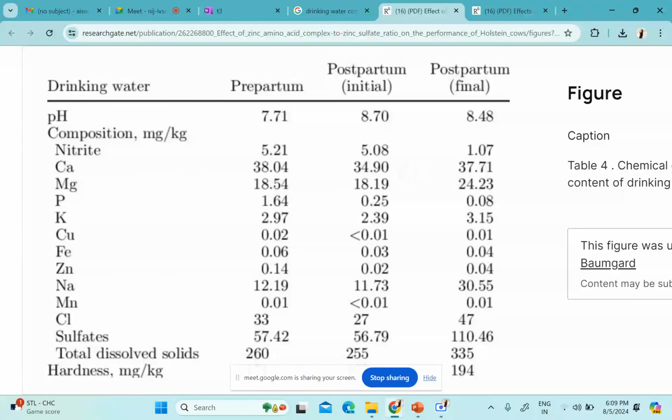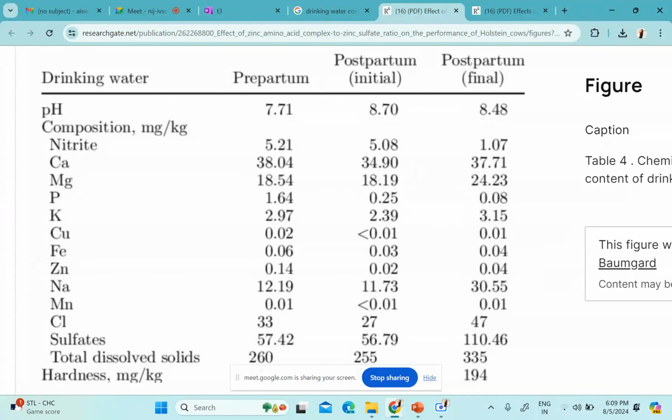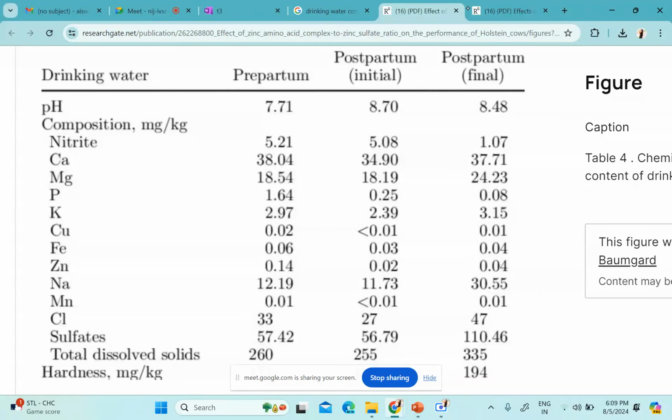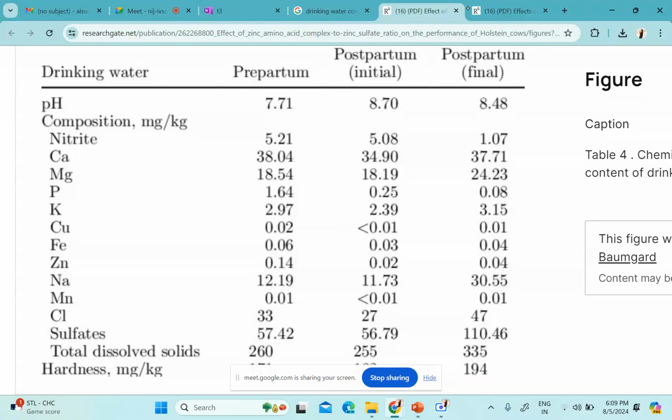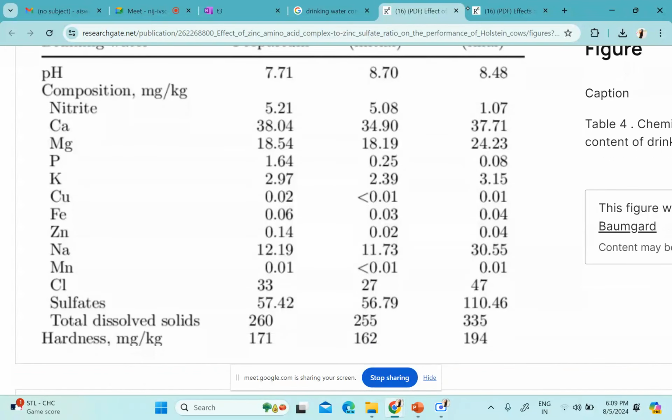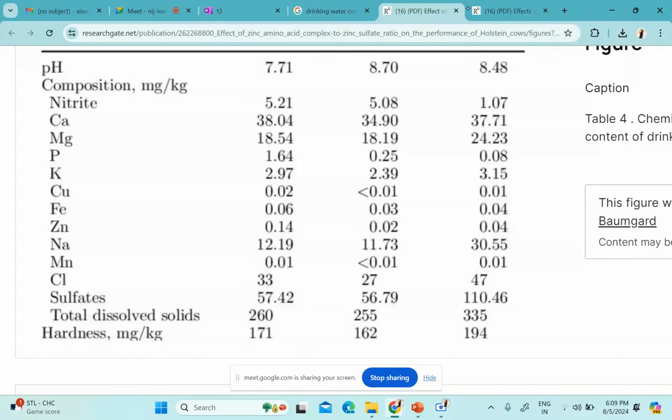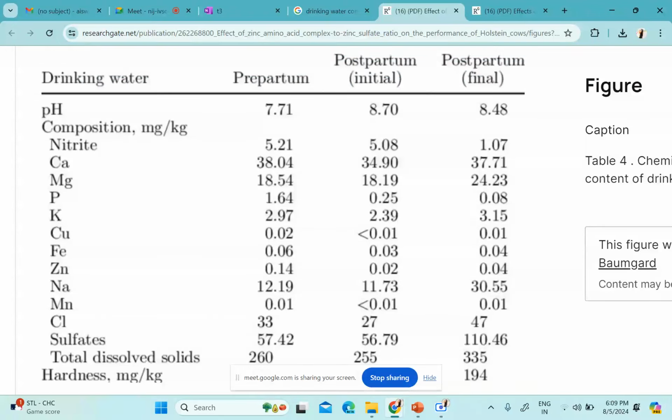Here I have shown the different elements present: calcium, magnesium, phosphorus, potassium, copper, iron, zinc, sodium, manganese, and so on. This is the normal quantity of the water it can permit while drinking, which is safe for drinking.